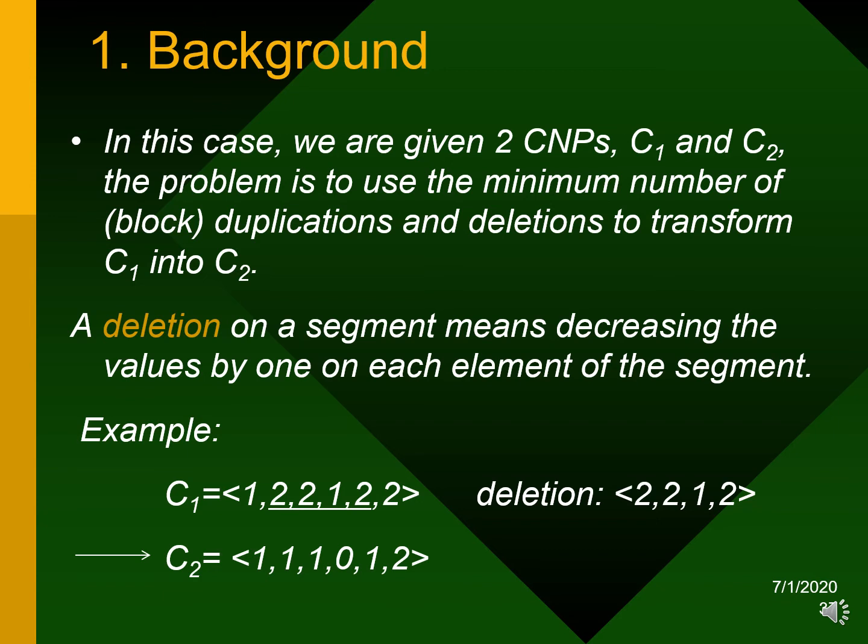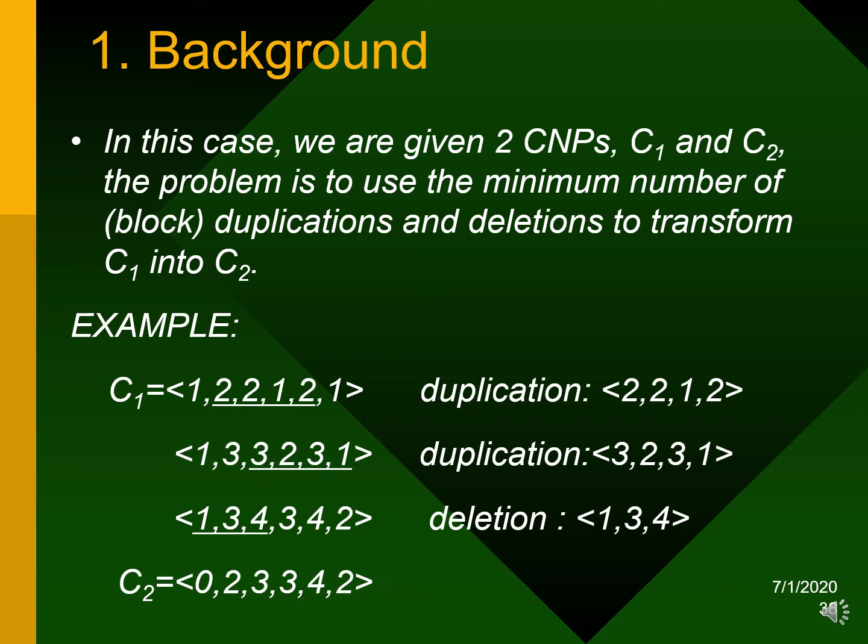Remember that in a deletion, if an item is 0, it stays 0, because CNPs cannot contain negative values.